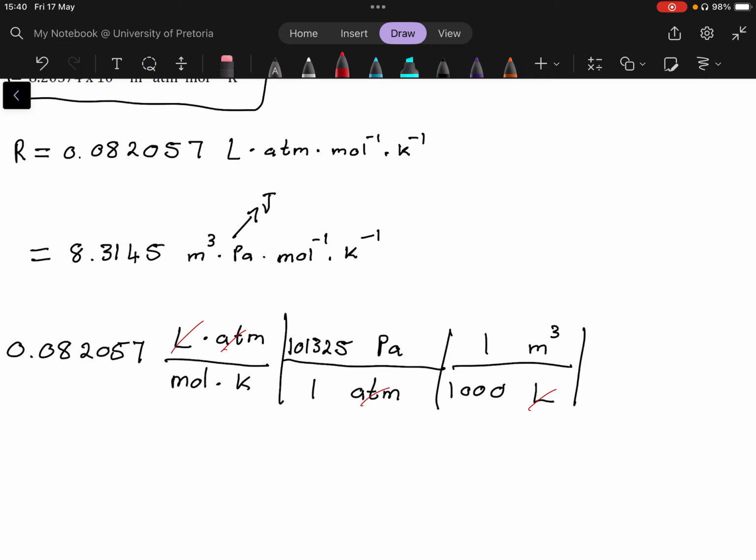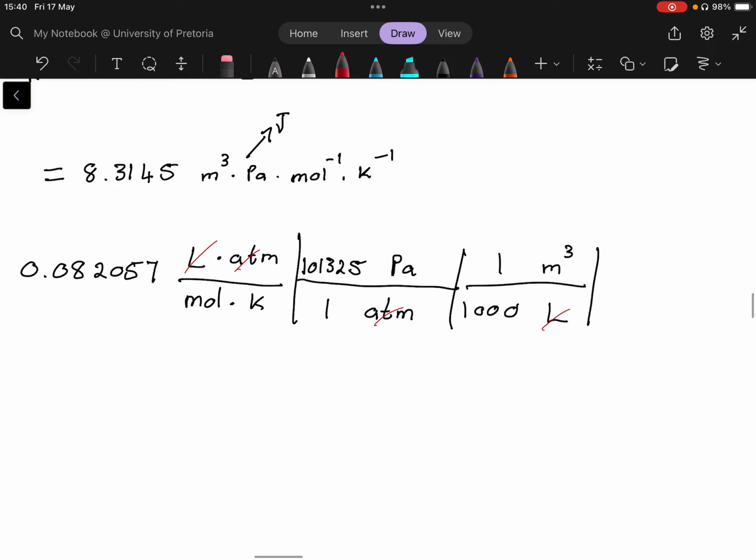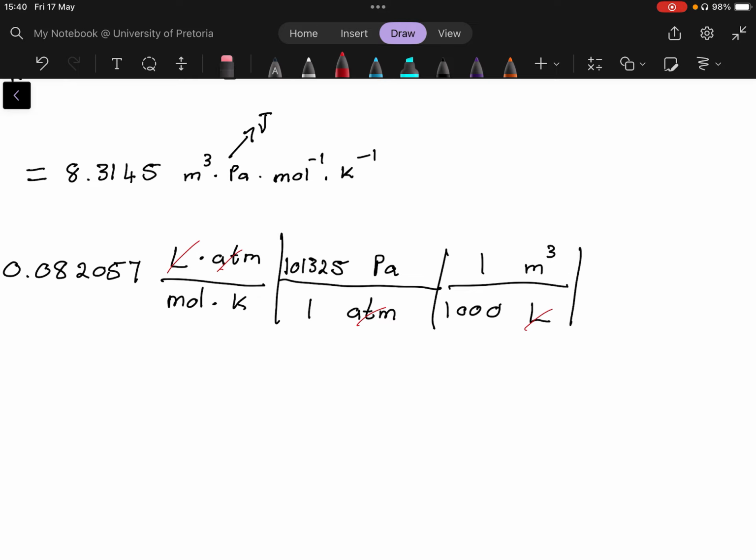If we quickly do that, it's going to be 101.325 multiplied by 0.08 whatever, and you see it's essentially 100 times 0.08. And that's why it is then 8.3145 cubic meter Pascal divided by mole times Kelvin, which is exactly what we have there.